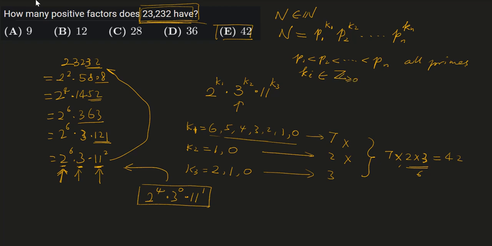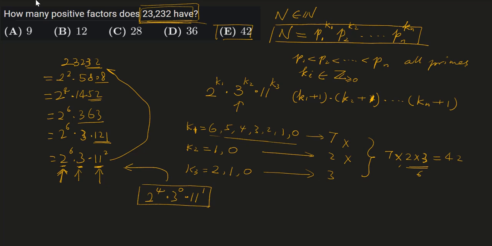Good. So as long as n can be prime factorized in this way, then we know the total number of positive factors of n equals (k1 plus 1) times (k2 plus 1) times ... times (kn plus 1).